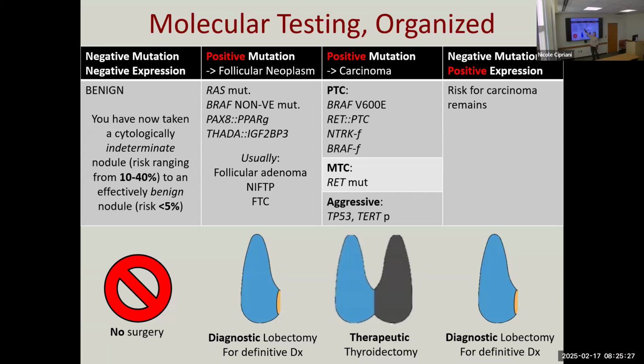If it's a follicular neoplasm-defining mutation, very low chance that they have cancer, and I don't care what the percentage they say is, okay? So that's why I don't care that you are looking at the percentages. I care that you are looking at the gene expression profile, positive or negative, and the mutation, what kind is it? Does that make sense?